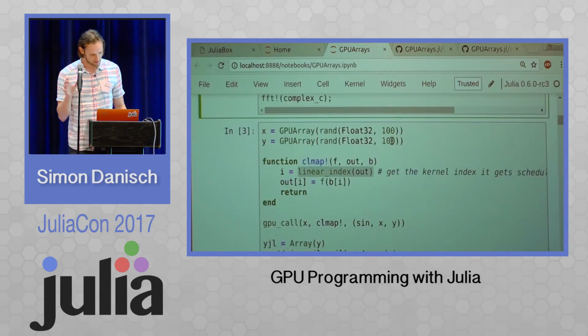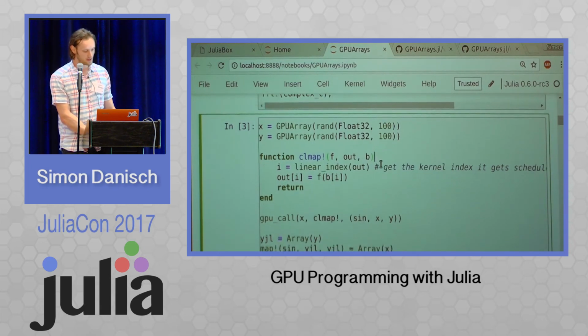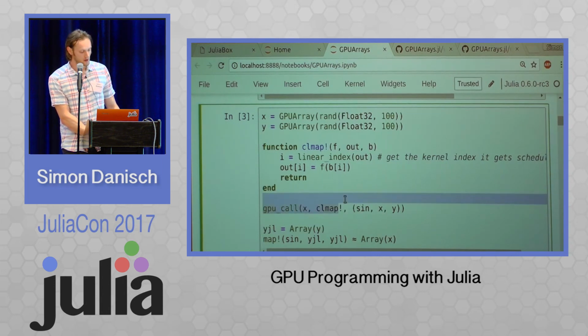So I'm going to show you a bit of the API that I've created in GPUArray. One of the most basic ones is the GPU call, which calls a kernel on the GPU. So a Julia function on the GPU. You always need to pass it a GPU array as the first argument.